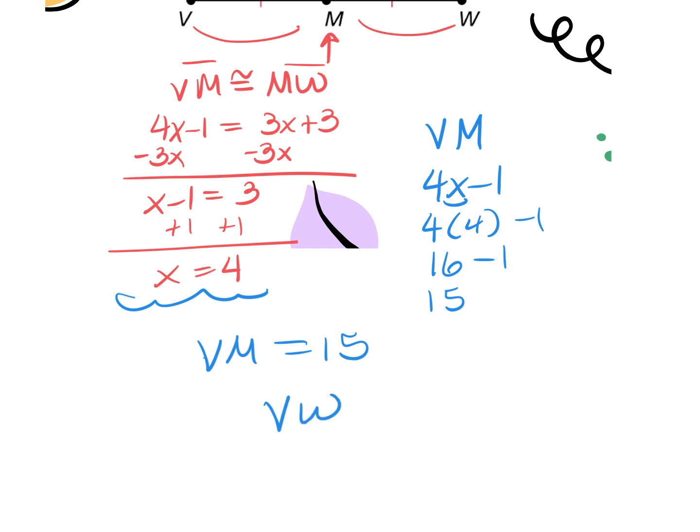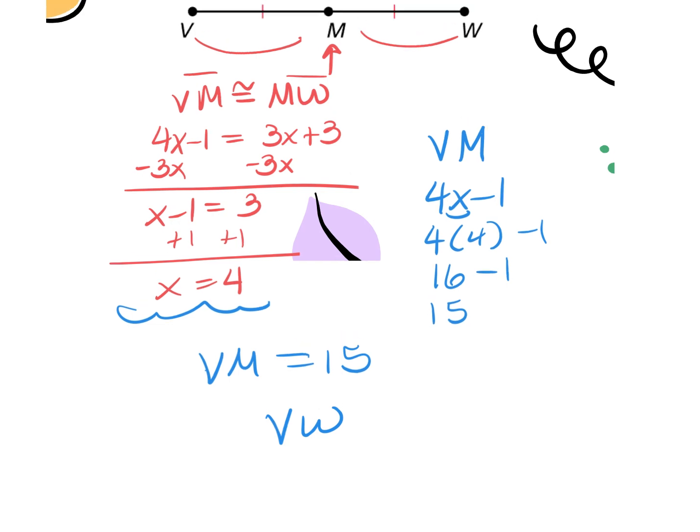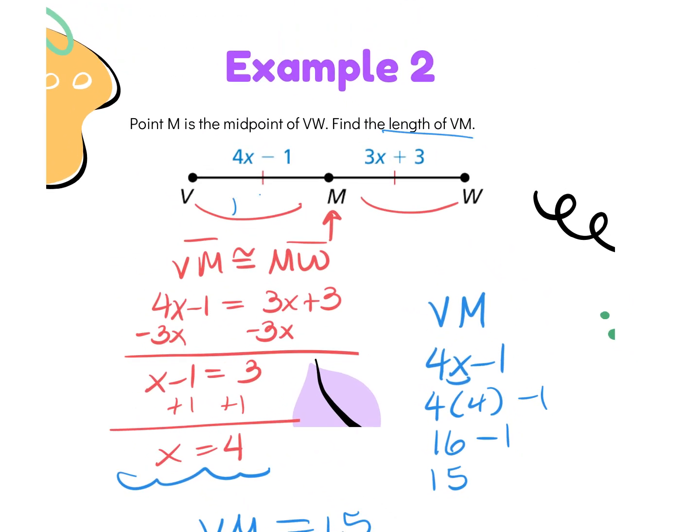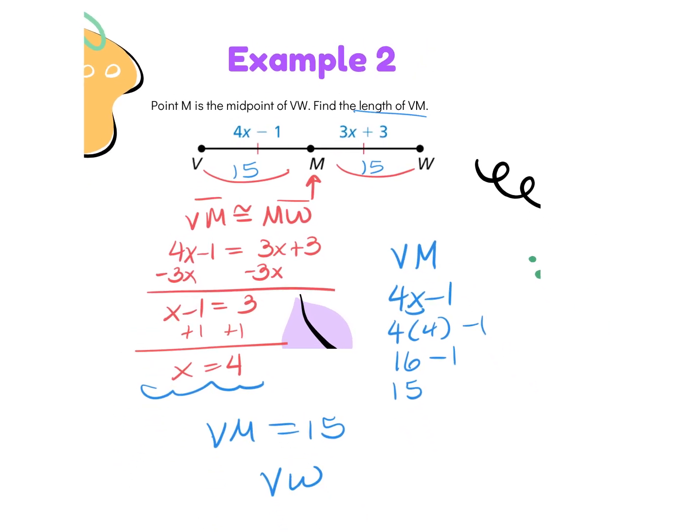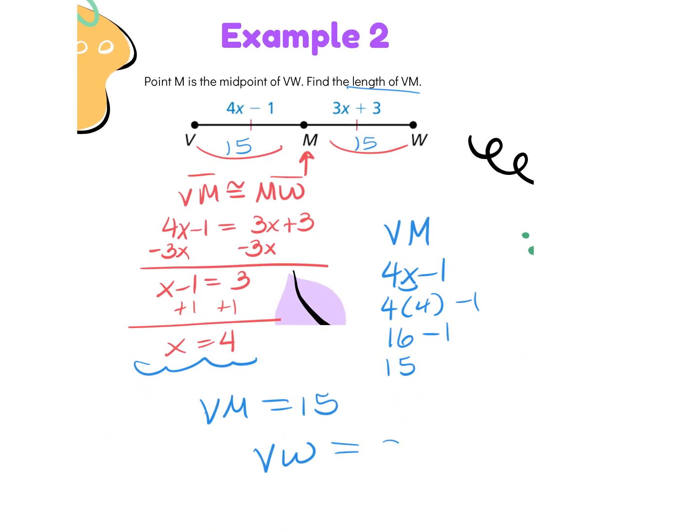So then what you would have needed to remember is that these are congruent. So if this one's 15, this one's 15, so the length of the whole thing, VW, is going to be 30. So make sure you read the questions carefully. This is what happens on standardized tests as well, that you read specifically what I'm asking for.